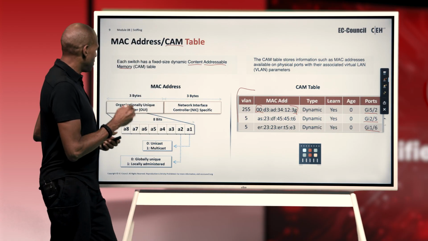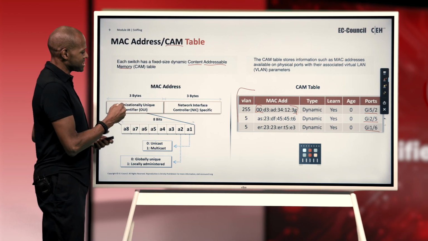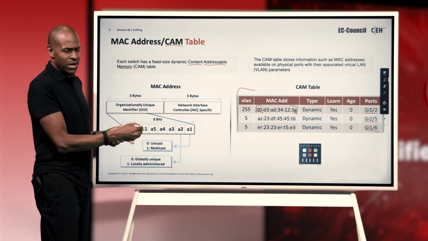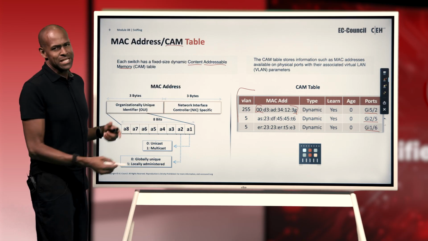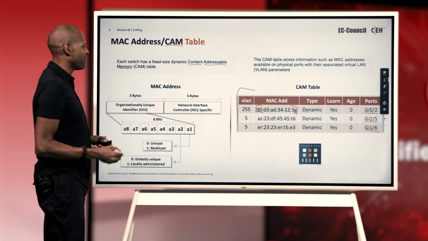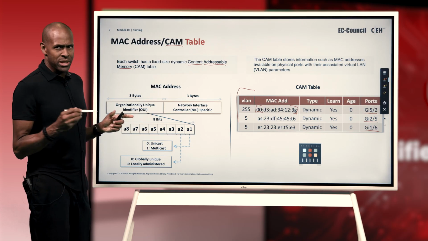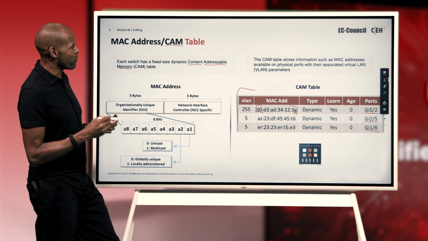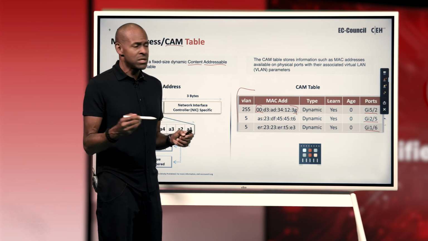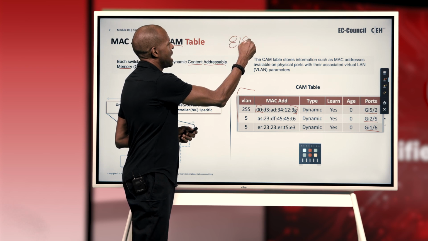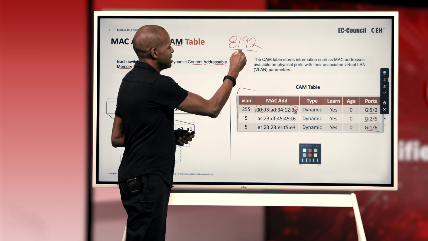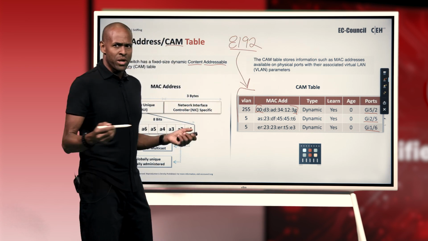So that MAC address has an OUI and has a network interface specific part of the MAC address. We can make it unicast and broadcast. There's all kinds of stuff you could look at with the MAC address. But what I want to emphasize is this. On a regular workgroup switch, commonly, it can hold 8,192 entries. So this table, 8,192 entries.